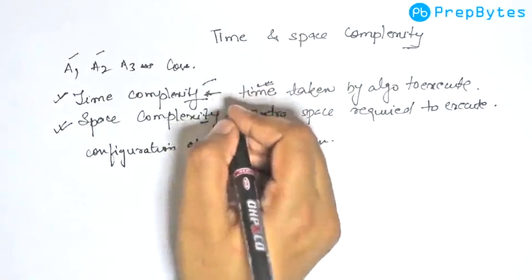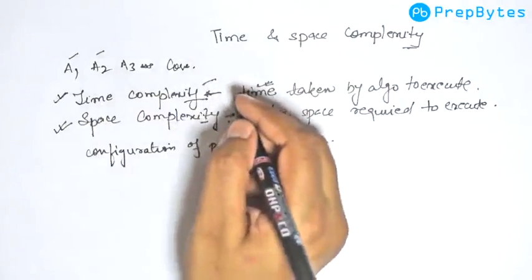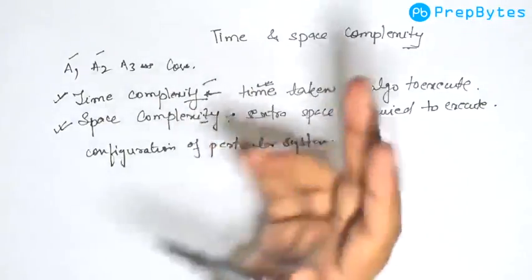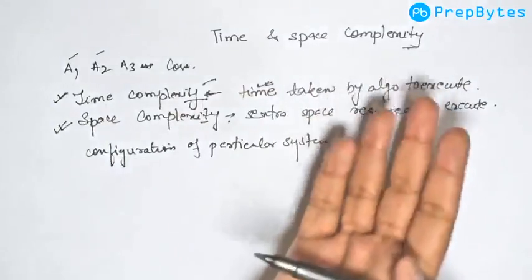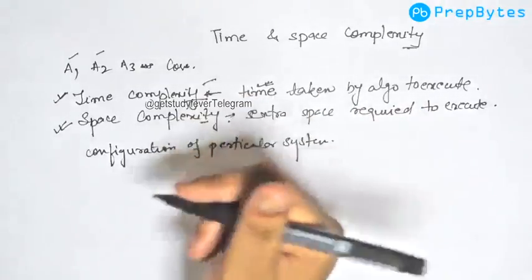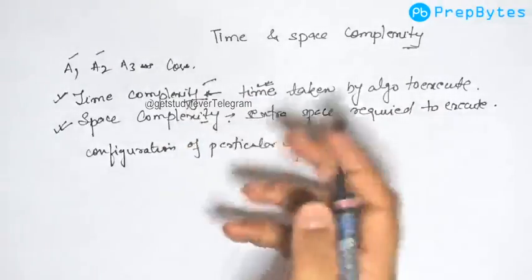Even in interviews you'll be asked to write a program that has lower time complexity, and it may happen that there are two programs with similar time complexity. In that case, you may be asked to optimize the space taken by the program. We will discuss both of them as we go further.